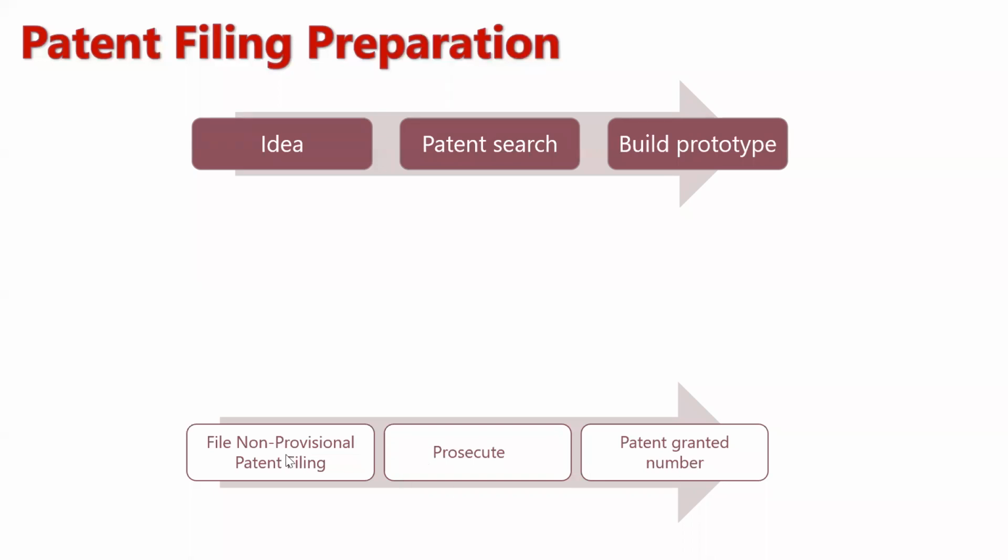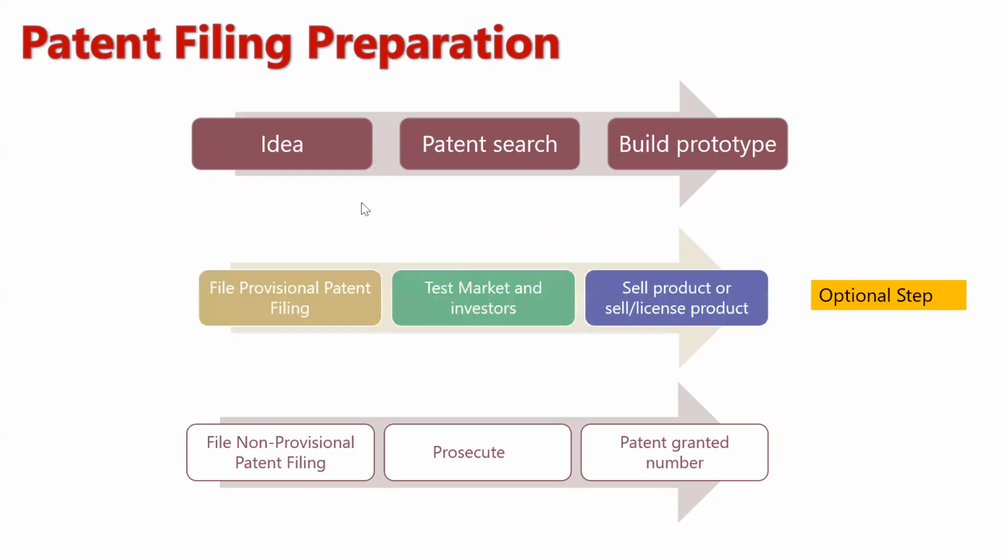But suppose my prototype is not ready, and I'm not sure what the feedback on my product will be, whether it will meet the customer requirement or not. To confirm that, we can file a provisional patent for timing.